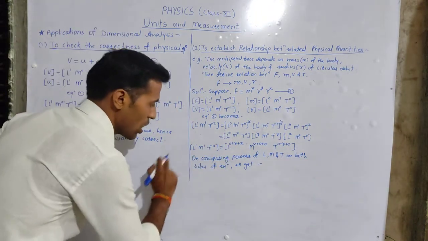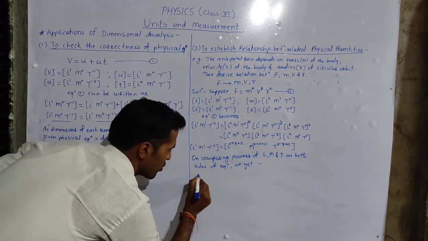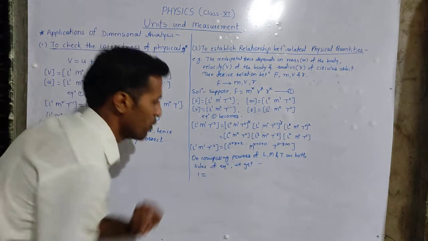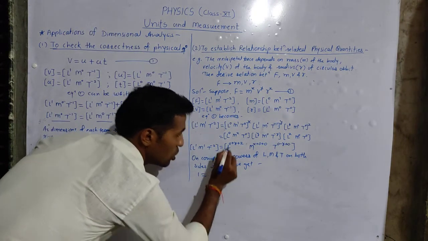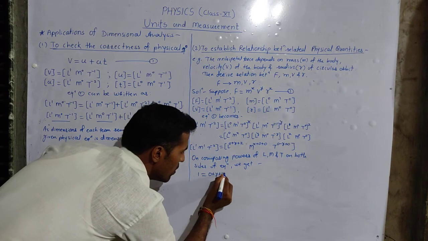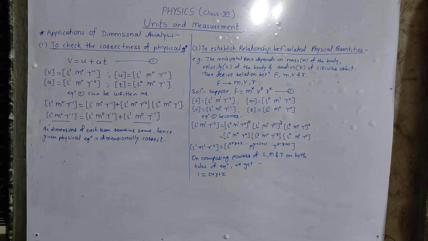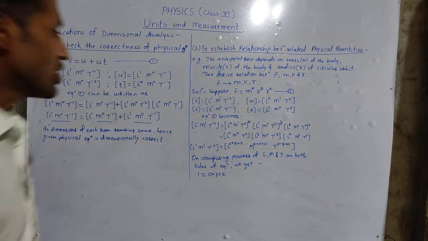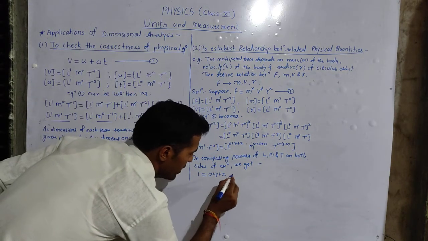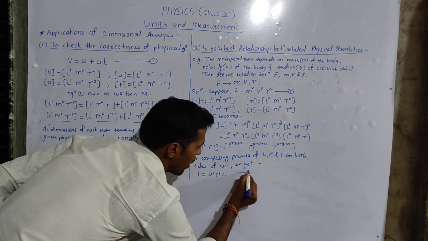On LHS power of L is 1, is equal to, on RHS, power is 0 plus Y plus Z. This is the first equation we get for the power of length.